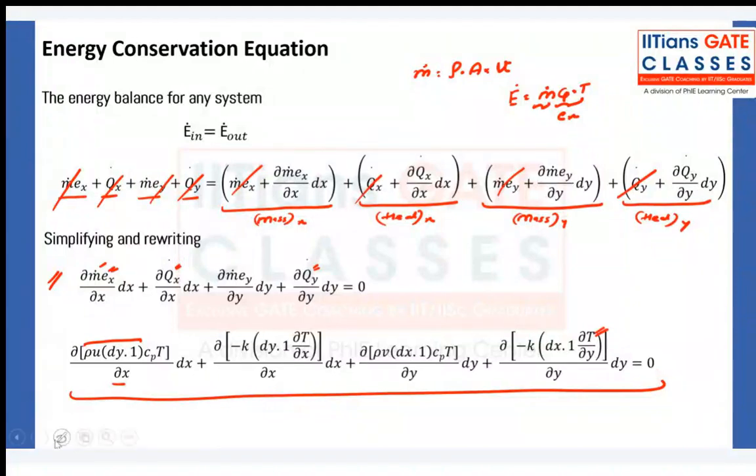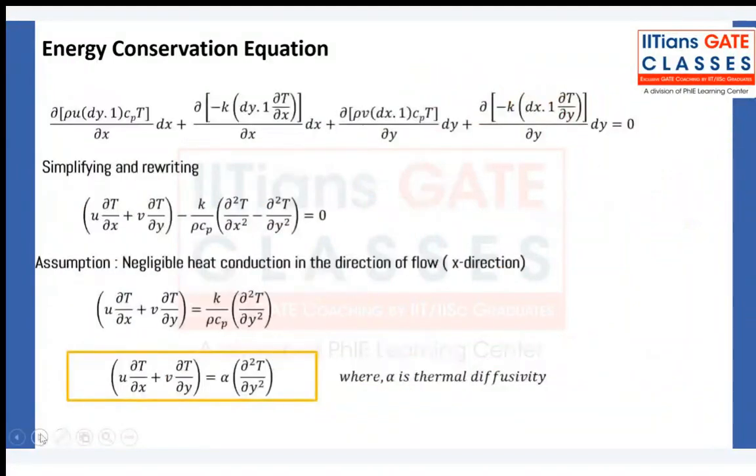So this is my equation. I can further simplify it. I can cancel a few terms here, and I can get my equation as this one. Now, since I am neglecting heat conduction in x direction, this will be cancelled. So only this remains, and this is called thermal diffusivity.